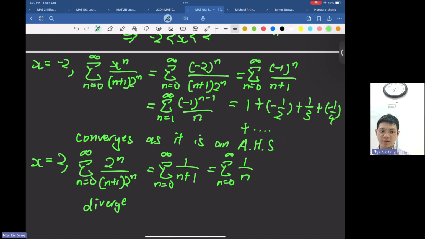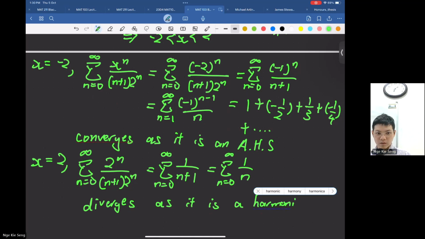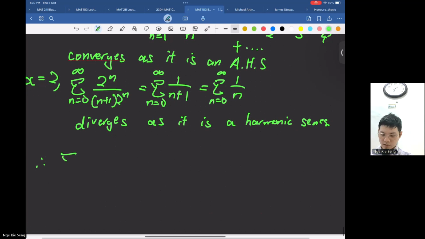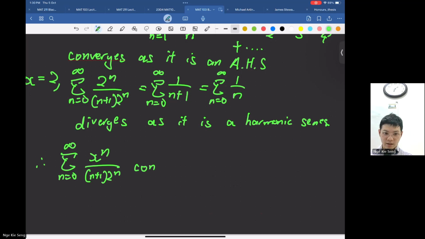At one endpoint it converges, at the other endpoint it diverges. So that means the power series converges if we take x in between -2 and 2, including -2 but not including 2.